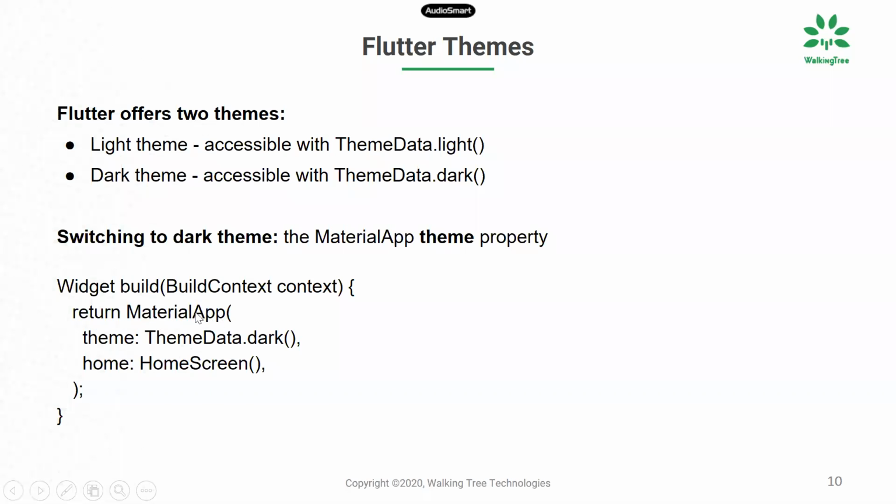If we use that, the widgets underneath it in the subtree will get the Cupertino design by default. But today, as we are going to talk about the material design, which is, as already said, applicable across different platforms and devices.